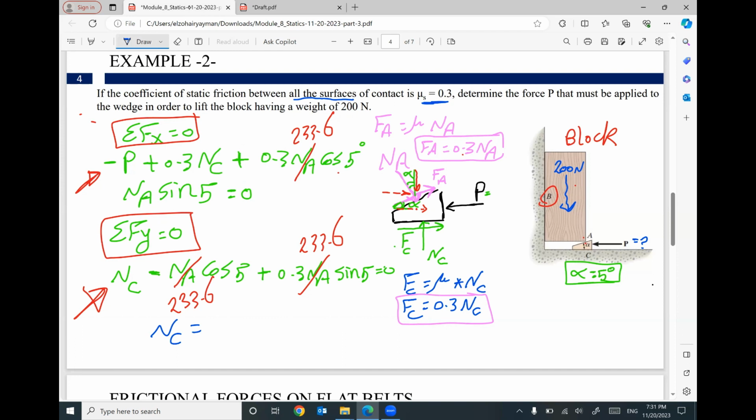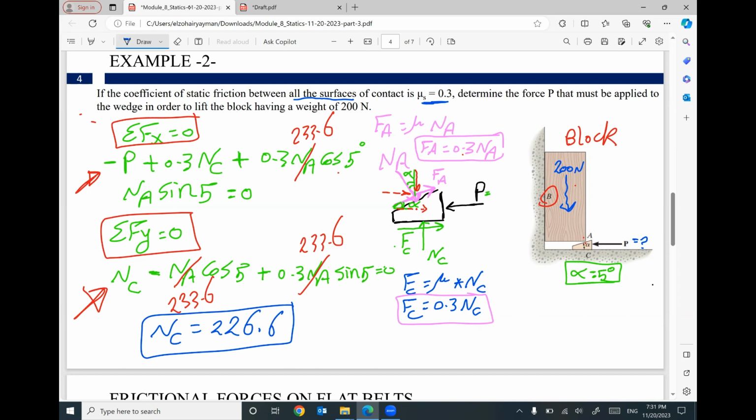So I can figure it out. So negative 233.6, the value of NA times cosine 5, plus 0.3 times 233.6 times sine 5. So the value of NC will be 226.6.